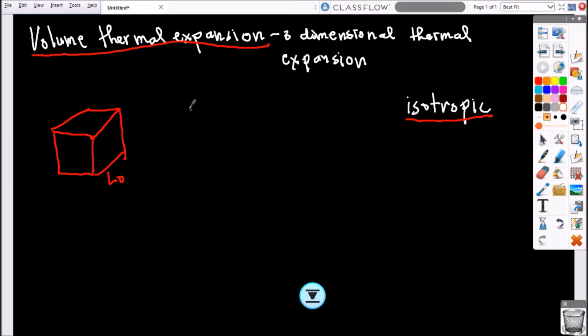So the initial volume V of O will be L of O cube.